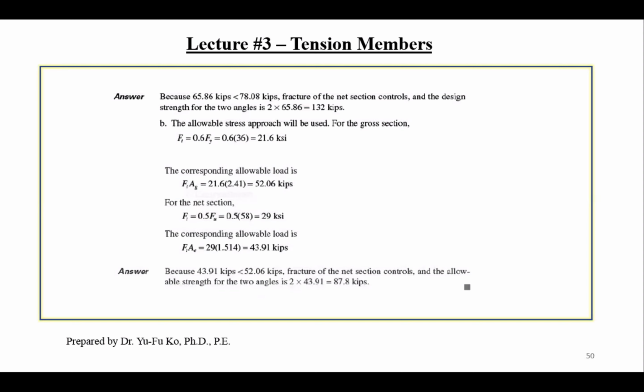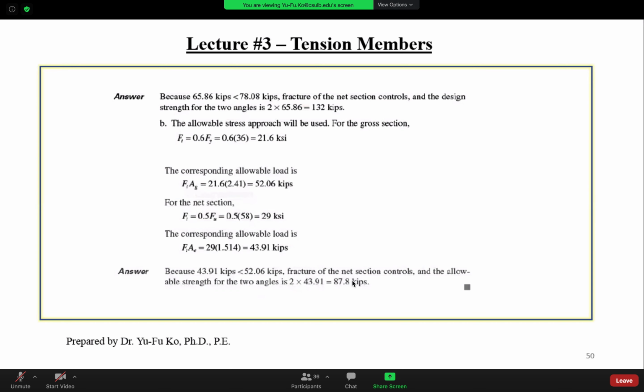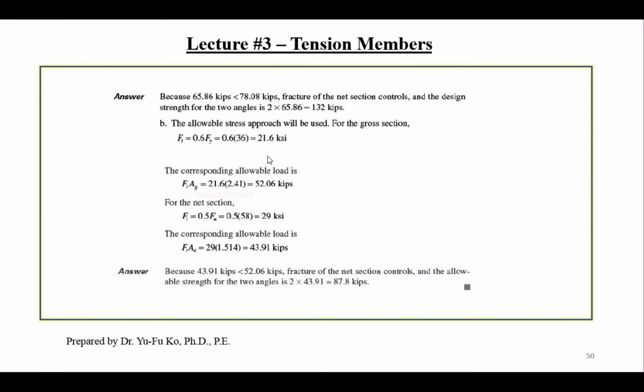So if your load reaches 132, you will fracture first before yielding. So this is the capacity of this tension member. Any questions or discussions?